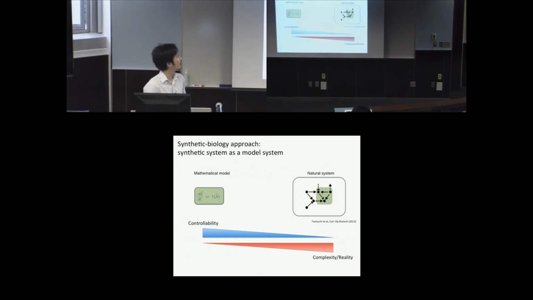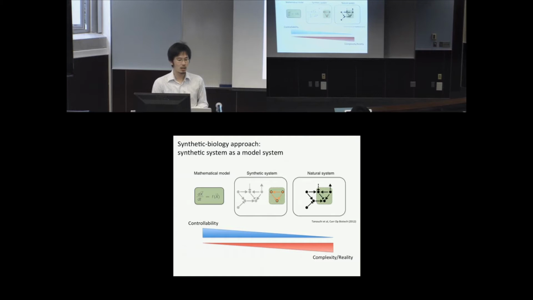On the other hand, you can study the system as it is in the context of its nature. There you have reality, because you study the system as it is. But you may not have as much controllability as you'd have with a mathematical model. So the idea is to construct a synthetic system to mimic the phenomenon of interest, so that we can have some sort of middle ground.